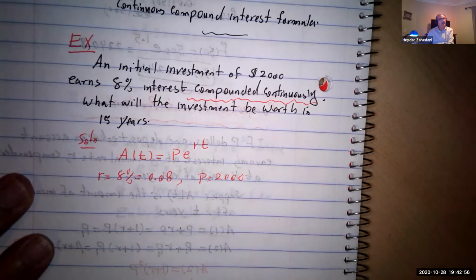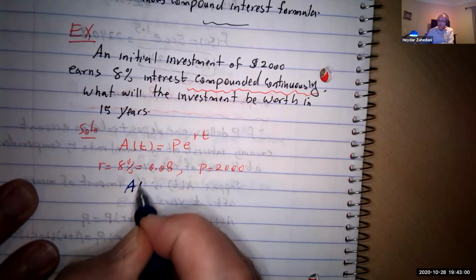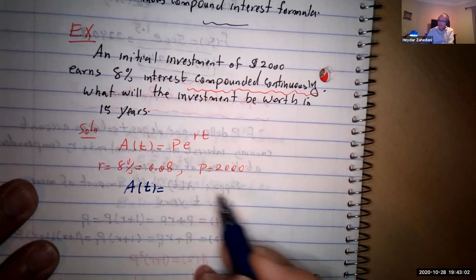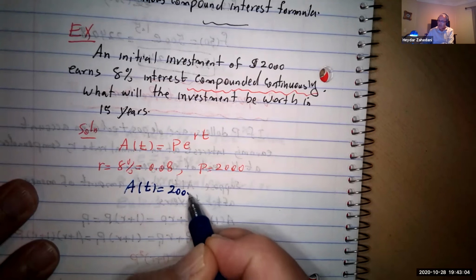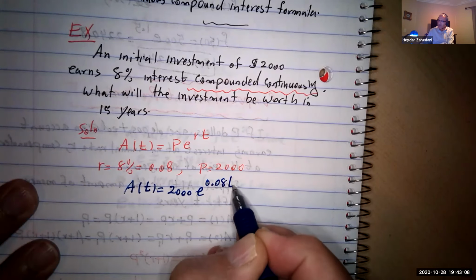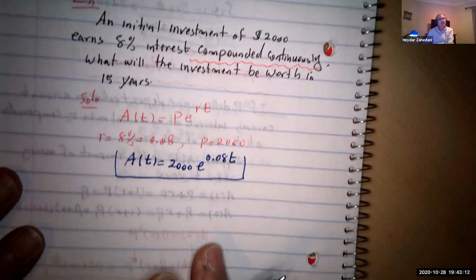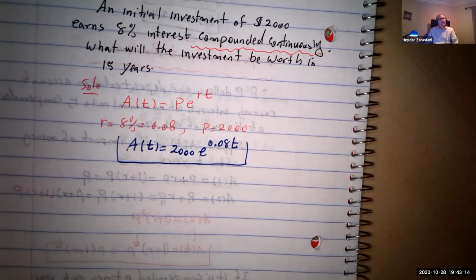Substitute to get your model. We call it growth model. It's going to be A of t equals 2000 e to the 0.08 t. And you wait for those two questions. We cannot do the second part. We need a log function that we're going to discuss tonight.